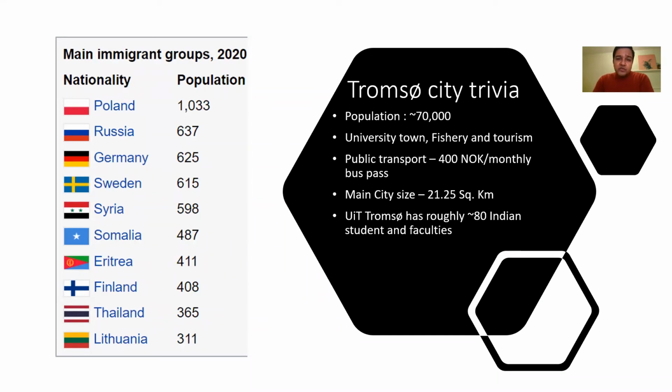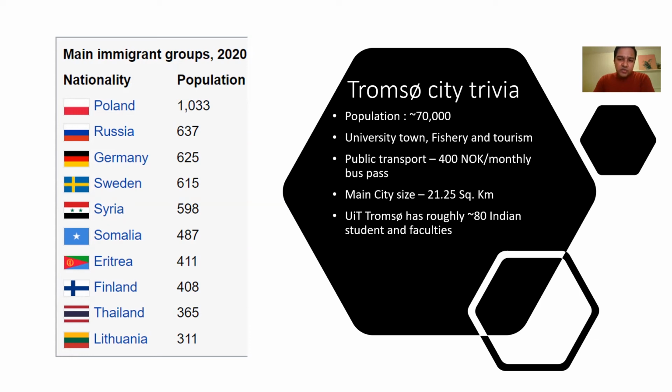It is a university town, and the primary economy is based on fishery-related activities and tourism. Public transport is there, and it costs around 400 NOK for a monthly bus pass. Otherwise, a single ticket costs around 50 NOK.